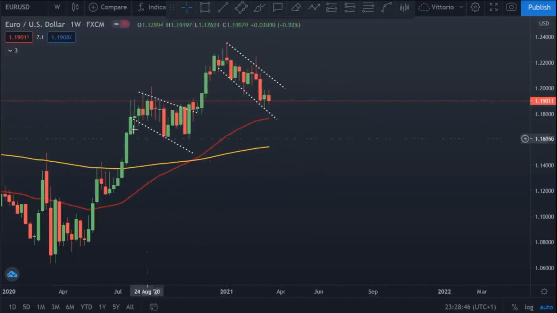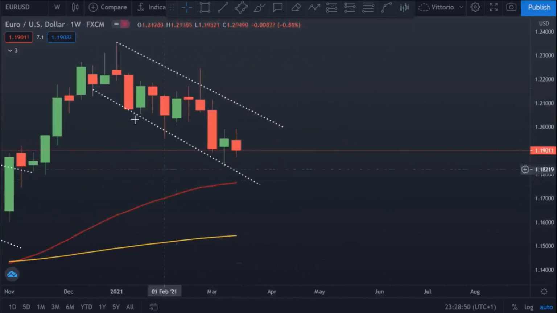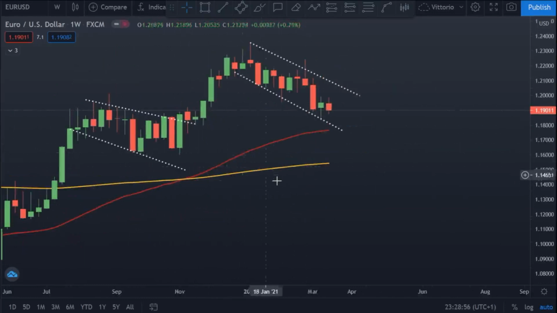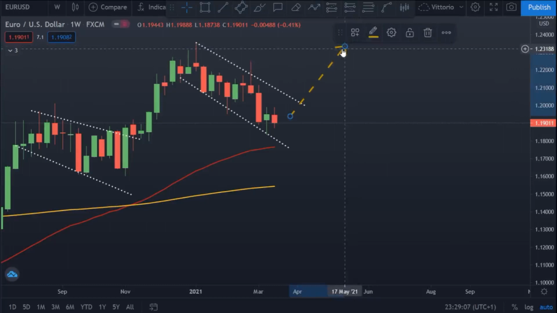Instead, with a few corrections, from the beginning of 2021, Euro US dollar has been on a clear downtrend. Now, this could be, as the previous one, just a correction, and then we could possibly see a continuation up. But let's just make different hypotheses, and let's just not rush into conclusions.